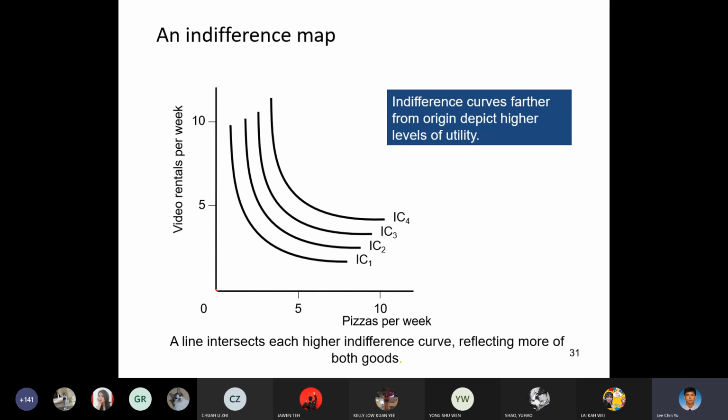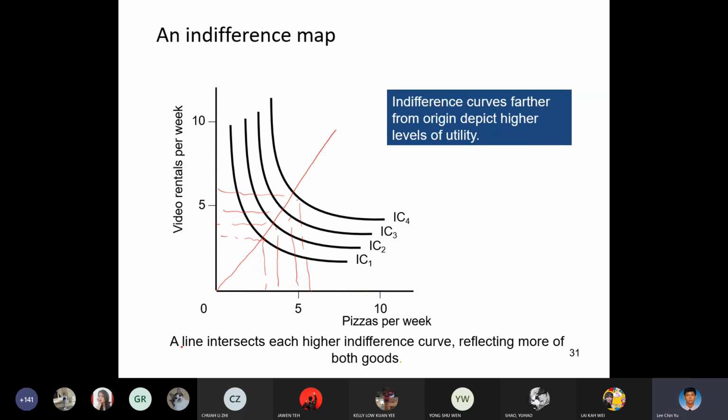For example, they draw a line like this. This line is just a guide to show you that the amount of the good that can be consumed becomes larger. If your indifferent curve is far away from the origin, we use the line as the reference.